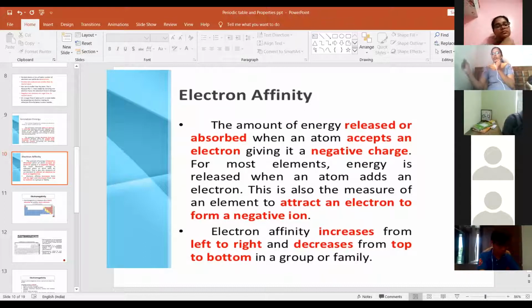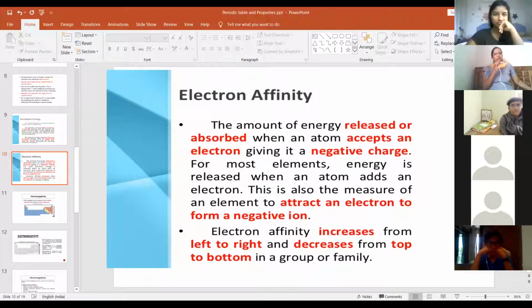If the distance is more, the nucleus cannot attract the outermost electron efficiently. Therefore, electron affinity is less. So down the group, electron affinity will decrease, and across a period, it will increase. Clear? Did you understand?